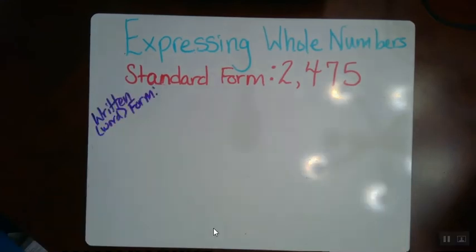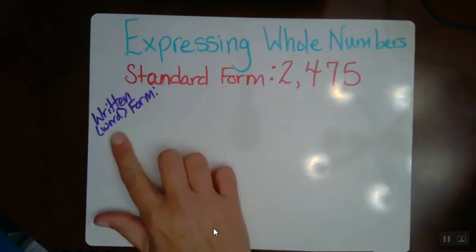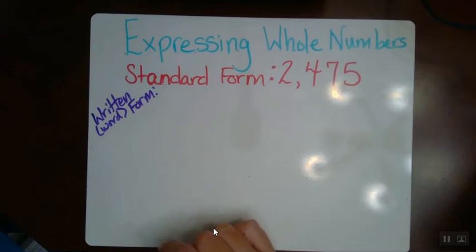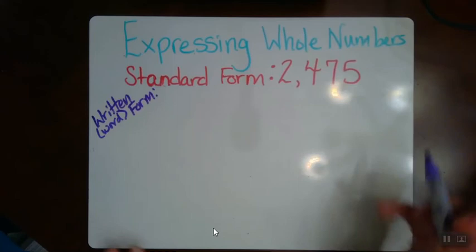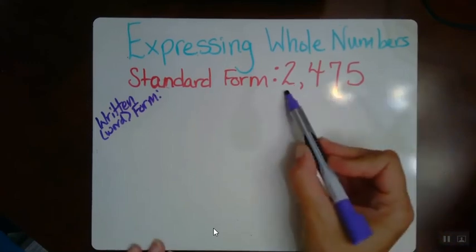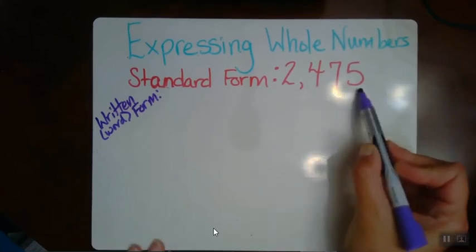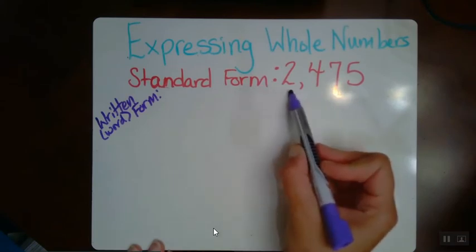The last way I'm going to show you to express whole numbers is by using written form or word form. Write what you say. So for example, I've also talked about how numbers are in periods. We have a ones period here, and we have our thousands period.